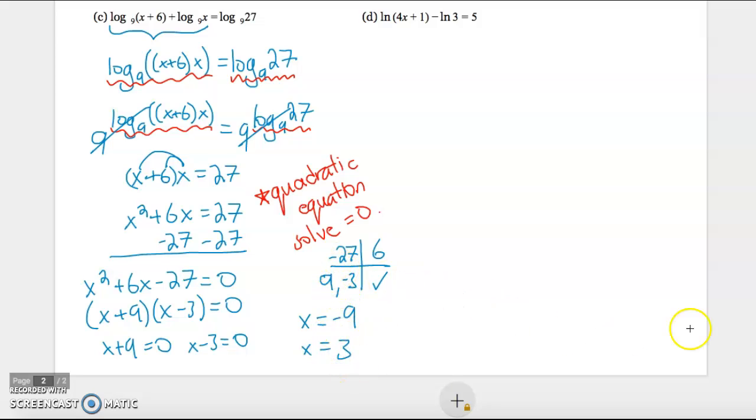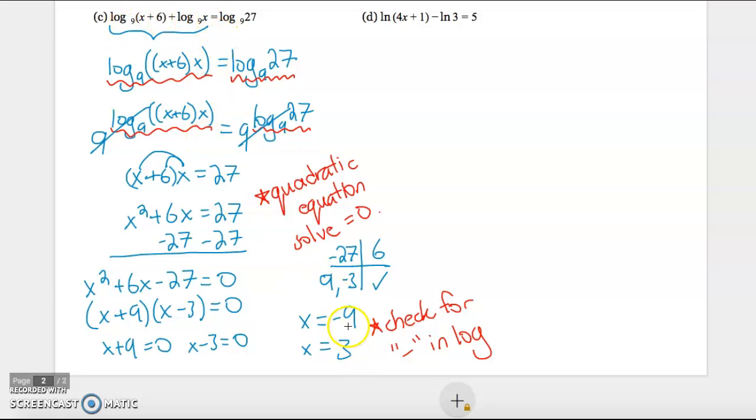And then the last thing you have to check with logarithms is negatives in the log. So if I have two solutions here, the one thing you have to check is whether, if I plugged these solutions back into my original equation up here, at any point I would have a negative number inside of a logarithm.